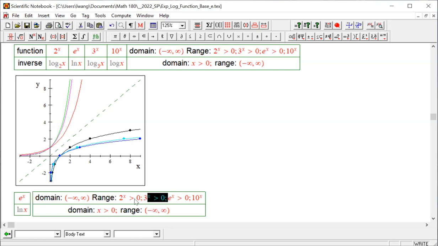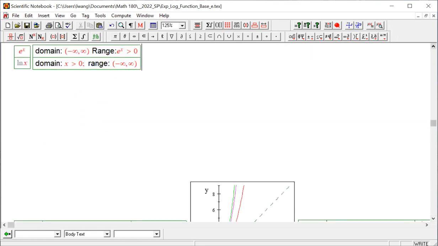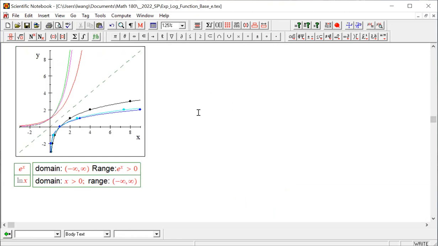Ultimately, you are just going to be missing greater than 0. So these are the studies of the exponential function and the logarithm function.